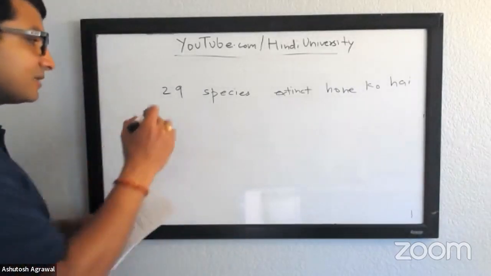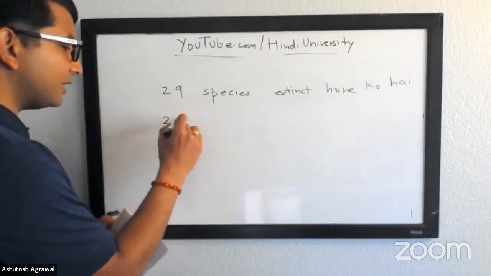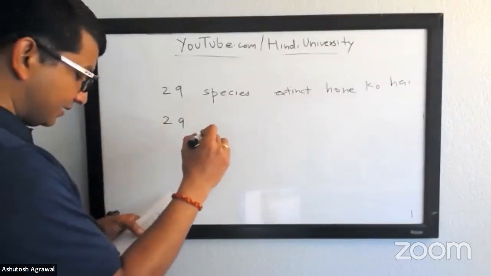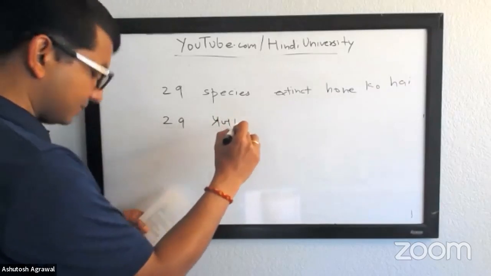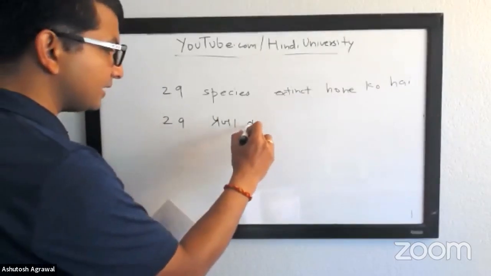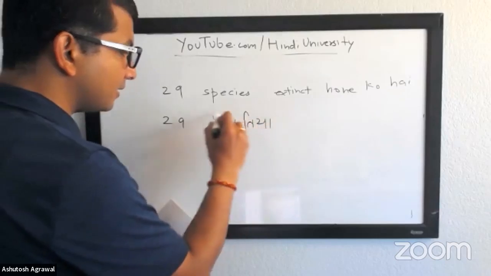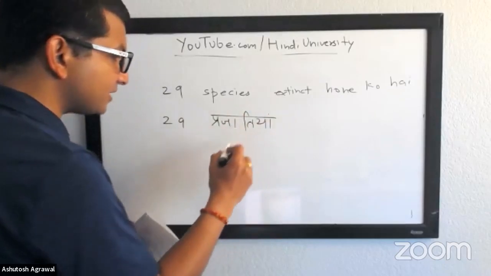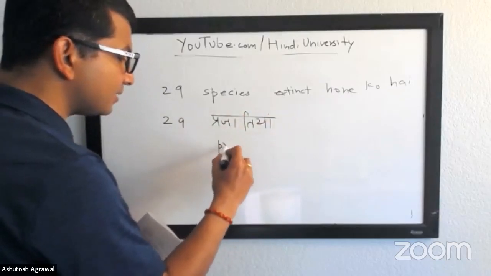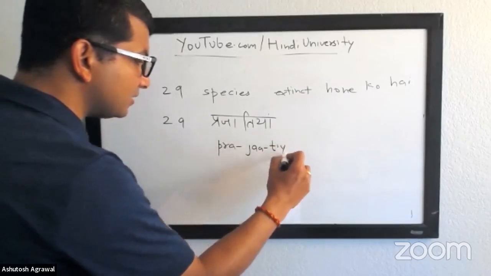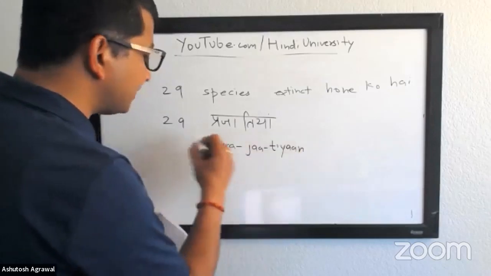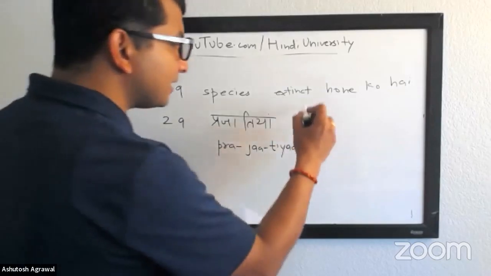But imagine the same thing written in pure Devanagari. Species is nothing but प्रजातियां. So 29 प्रजातियां.